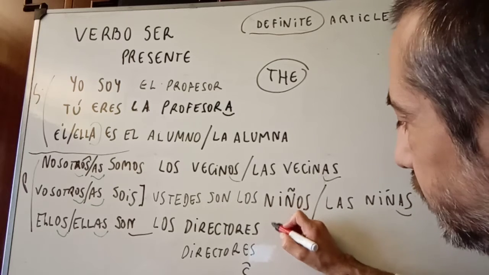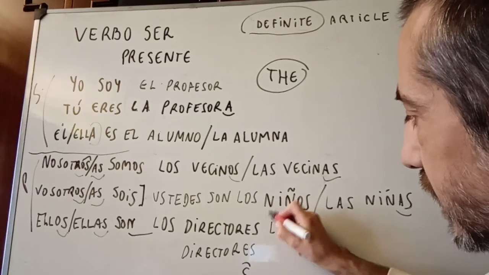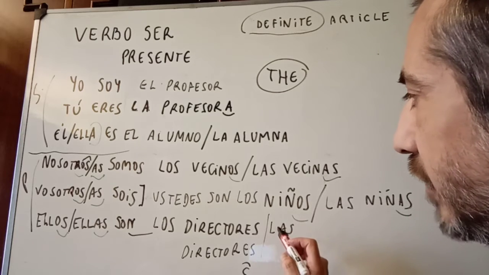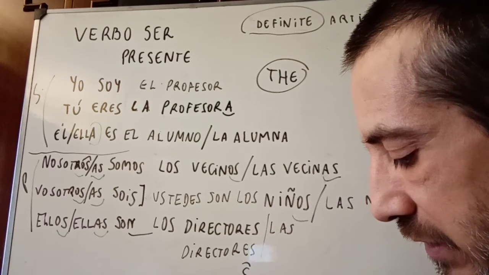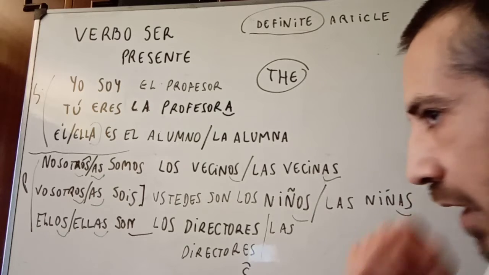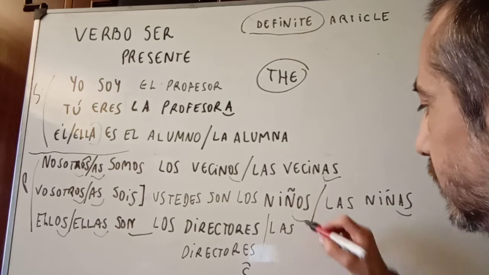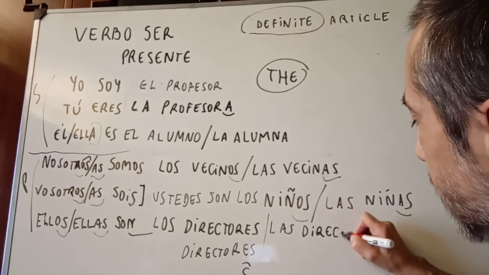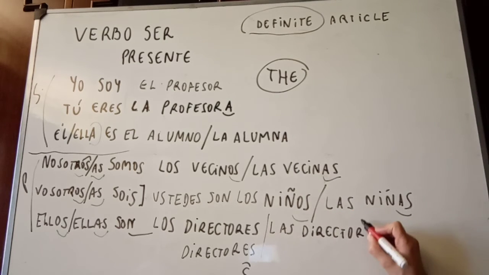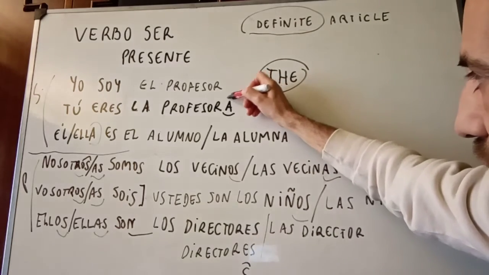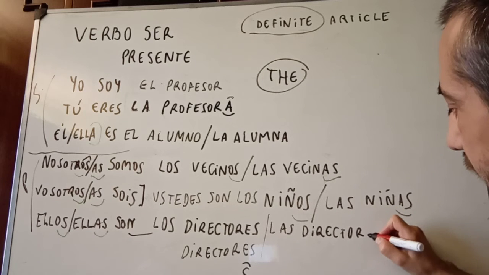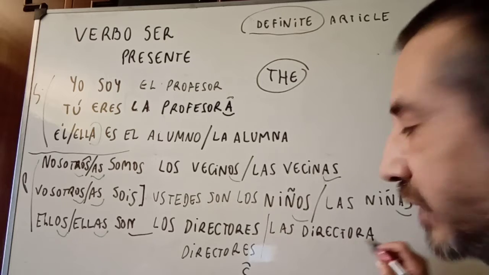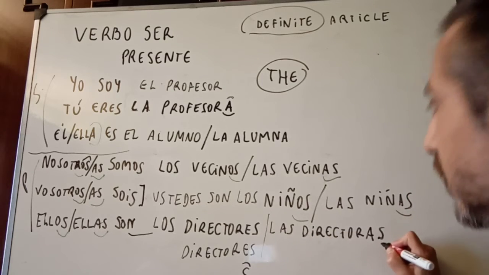Let's see for women. Las, as always, the articles never change. In the plural, they are those two forms. If you remember what I said some minutes ago, when, as in profesor, we want to refer to a woman, we add the letter A, very open, las directoras, because it's the plural.